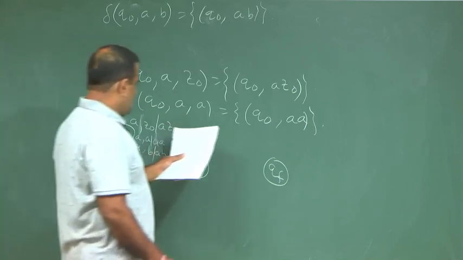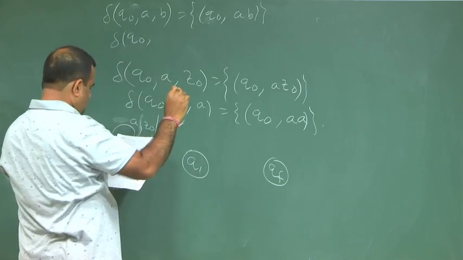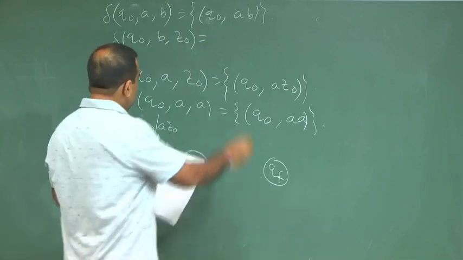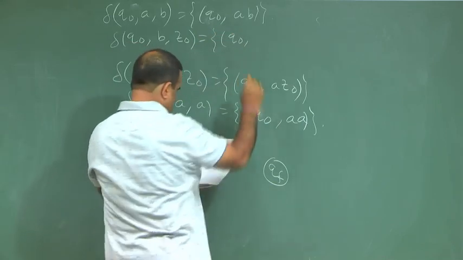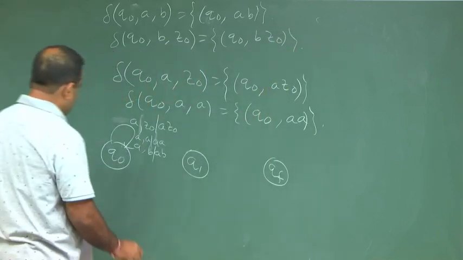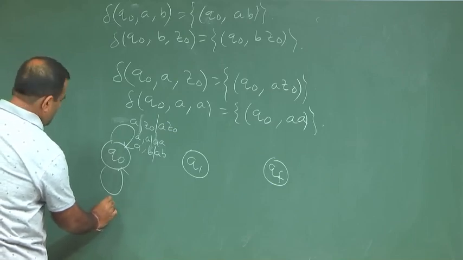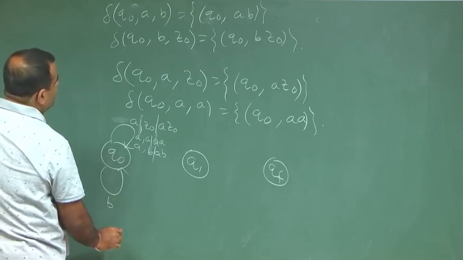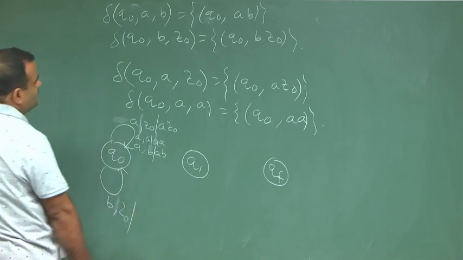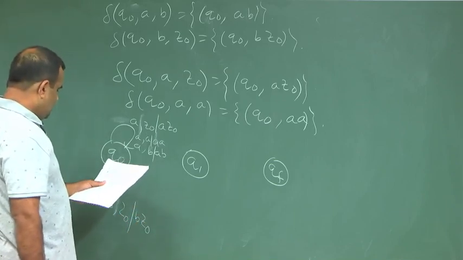And then from Q0, delta of Q0 B Z0, we are going to have Q0 B Z0. So this also we can write here. If we have B and if the stack is Z0, then the stack is going to be replaced by B Z0.